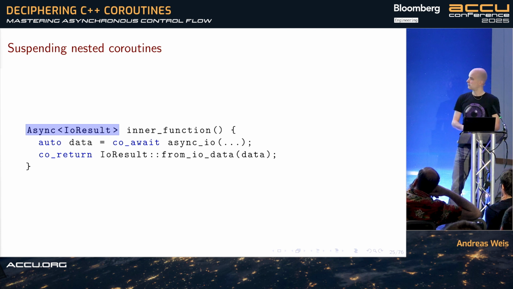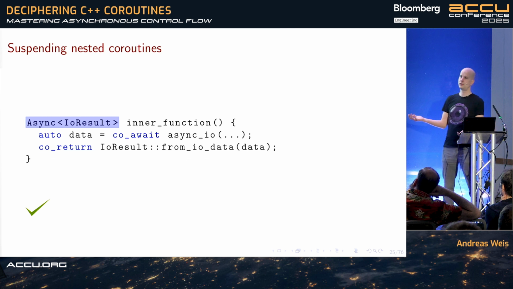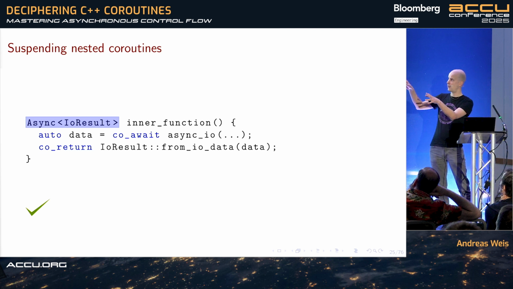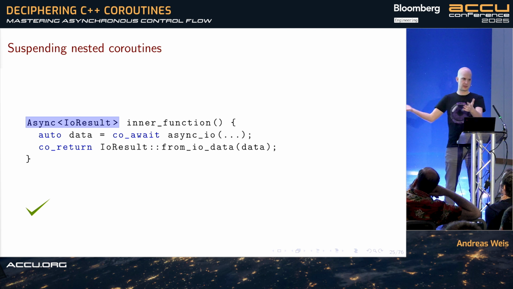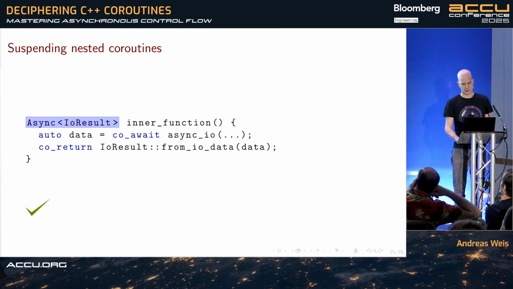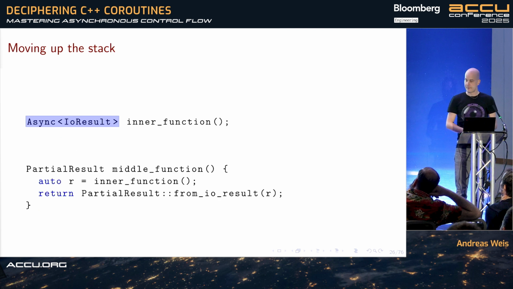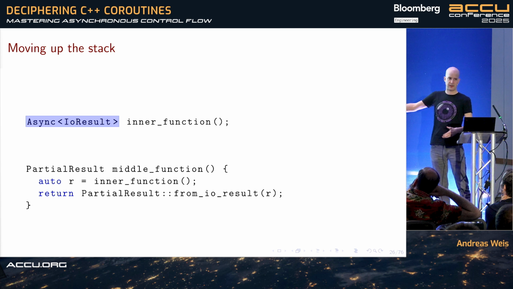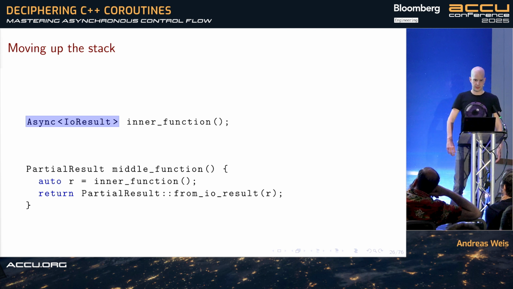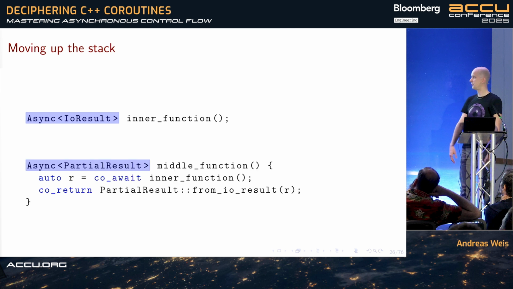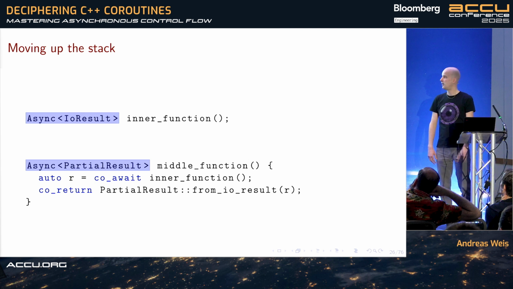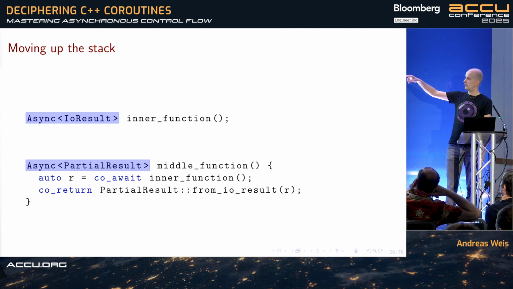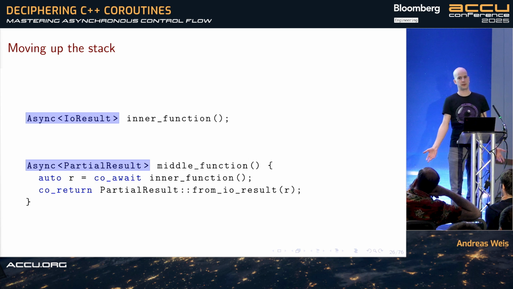Right, and this is pretty much it. There's not much more to do at this level. We still have to figure out what this return type looks like, but these are all of the changes that we need to make to the individual function. And then, of course, we have to do this also at all the levels above that. So we have to mark everything as async, and all of the nested async operations, we have to call them using co_await.